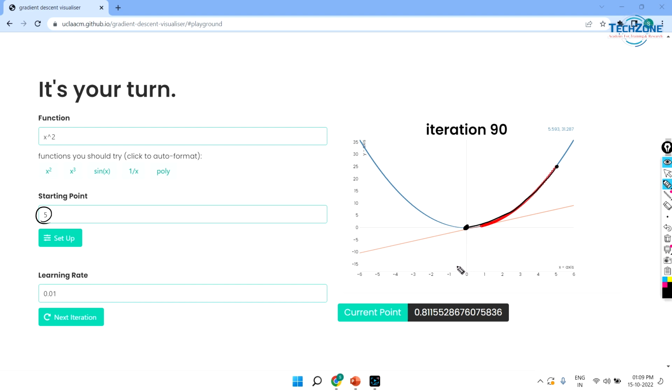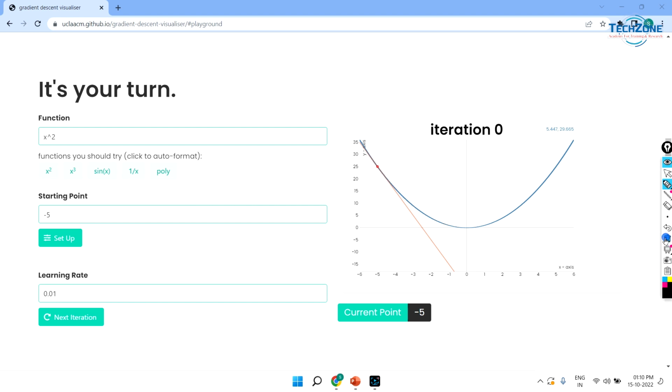Now you must be wondering what will happen if we start from here. Let us visualize that also. So let us start this from -5. Click on setup. See here. So we should go like this, right? We should travel this path slowly and come to this point, isn't it?